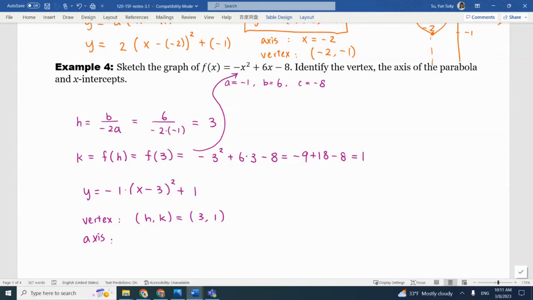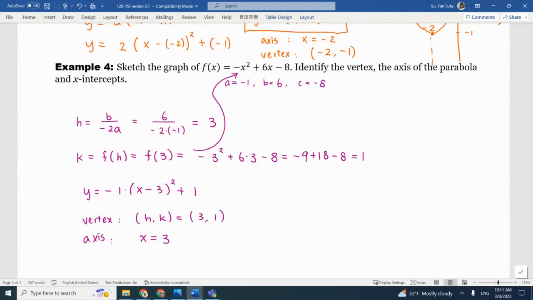You give an equation. What is the equation? Vertical line. So you put what? X equals 3. Okay, everybody? X equals 3 is a line equation, not a number.